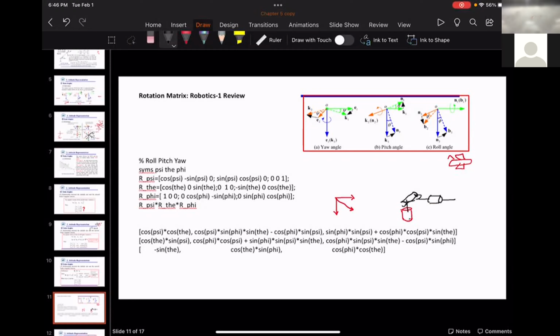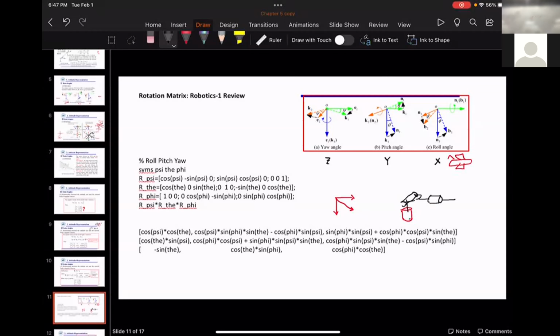So let's take a step back. The first rotation is yaw. Do you agree with me that rotation is about the z-axis? Second rotation is about pitch. Do you agree with me that rotation is about the y-axis? And the third rotation is about roll, that is the rotation about the x-axis. Remember? You remember this?